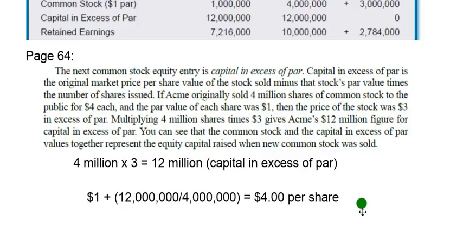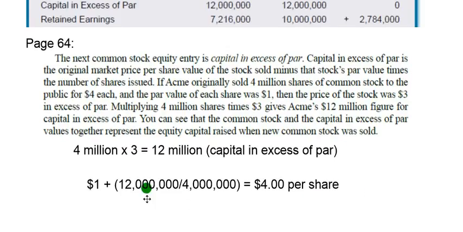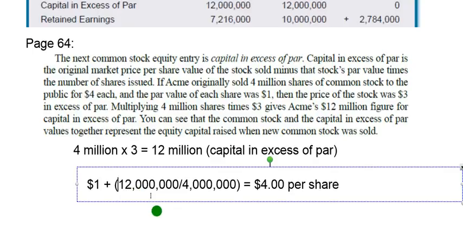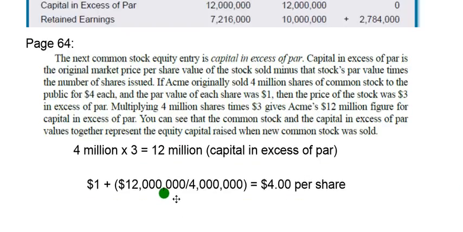So the price per share we can get by taking the total dollar amount. So this 12 million is the dollar amount that's in excess of par, divided by 4 million, which is the number of shares they sold.